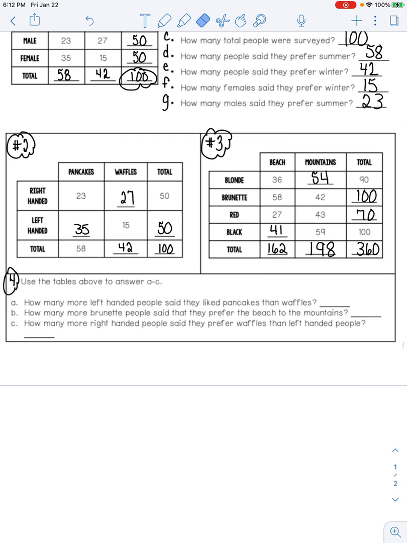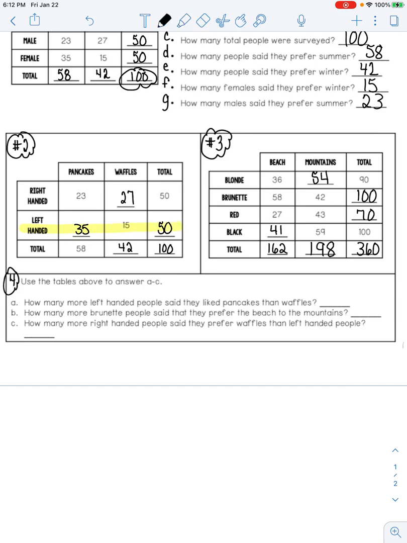Now let's use these two tables to answer some questions. These are the other kind of questions you might see. Look at 4A. How many more left-handed people, so that's the table in number 2, how many more left-handed people said they liked pancakes than waffles?